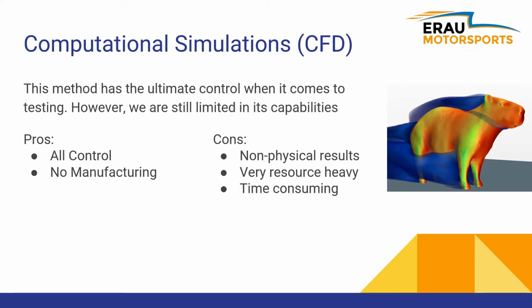CFD testing is often the first go-to method when designing an aero package. The reason why we want to run simplified models is the same reason why we can run smaller models in wind tunnels. Although the results may not be the same as the full-scale model, the results will still mimic and be very similar to that of the full scale.